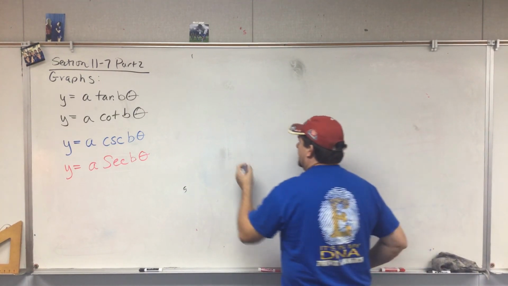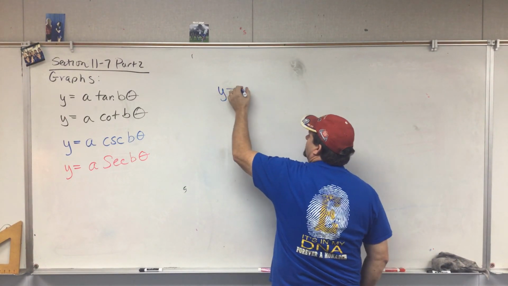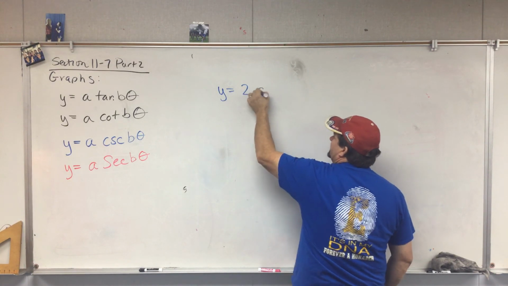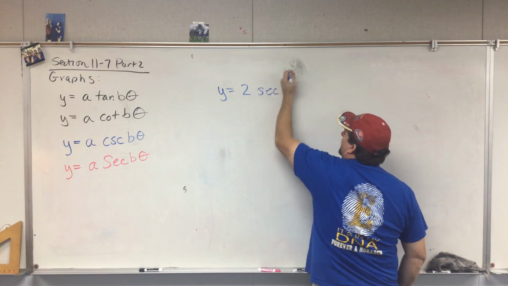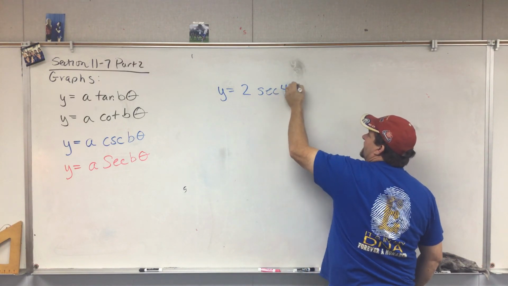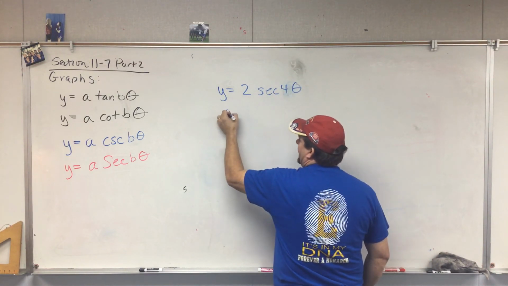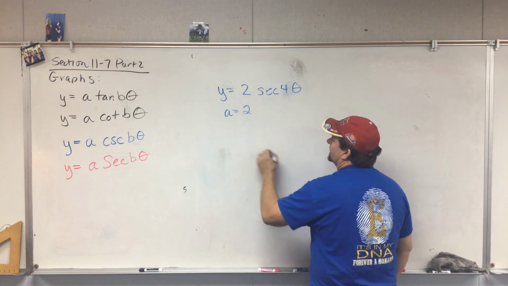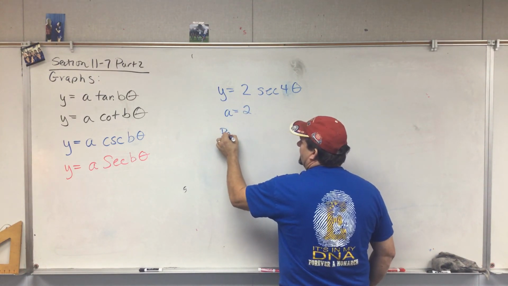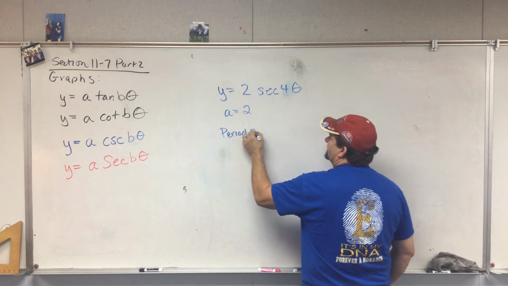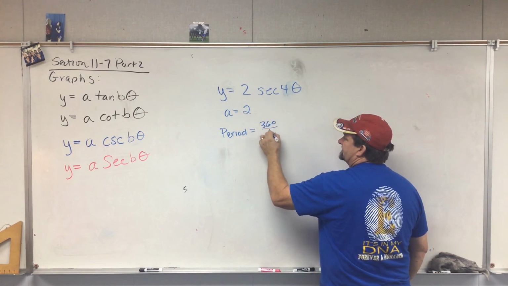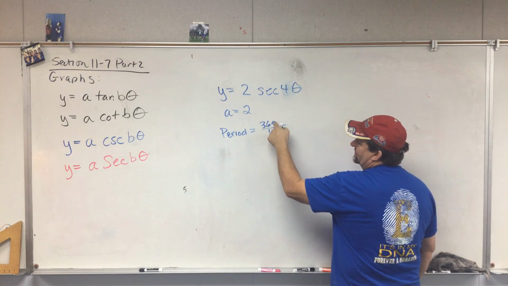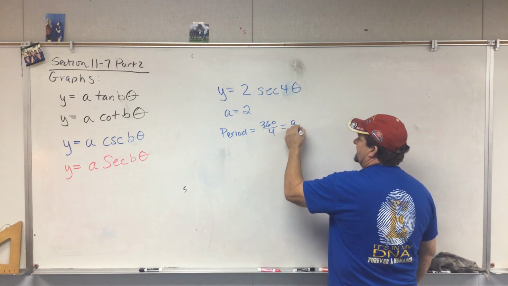So let's just say we have y equals 2 secant 4 theta. So let's just say my amplitude is 2. My period is now going to be 360 degrees divided by 4, which is going to be 90.